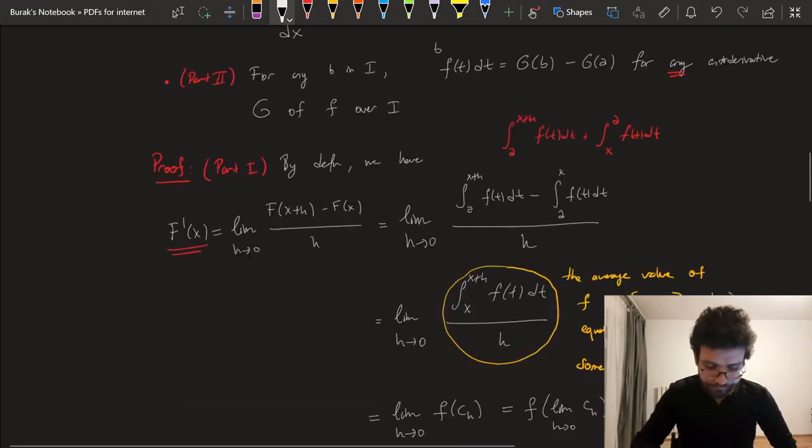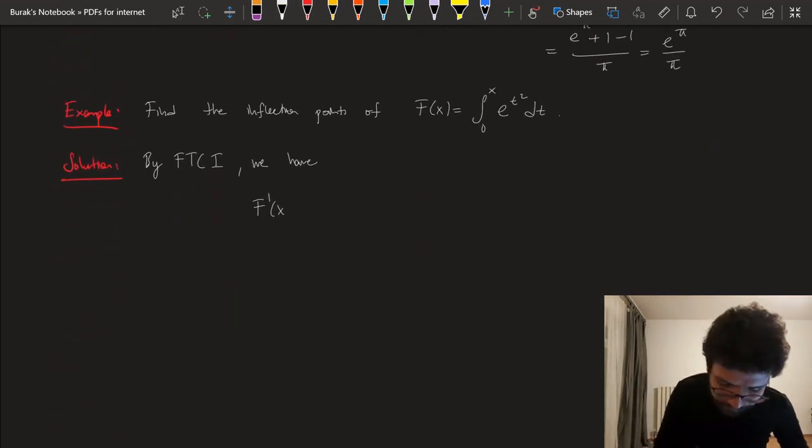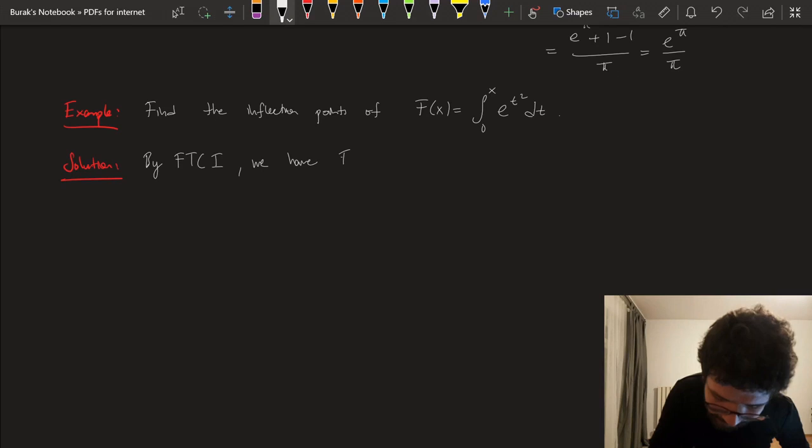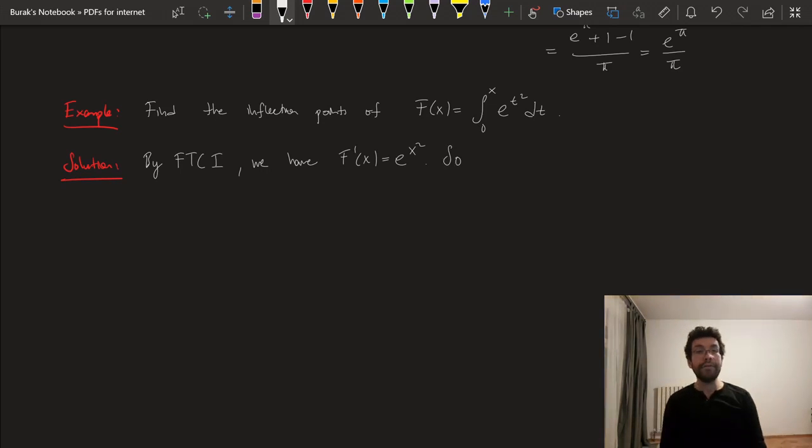That's it. So the derivative of big F is e to the power x squared, and that's just it. So I found the derivative of big F without having a formula for big F.